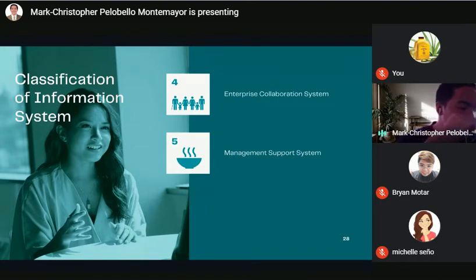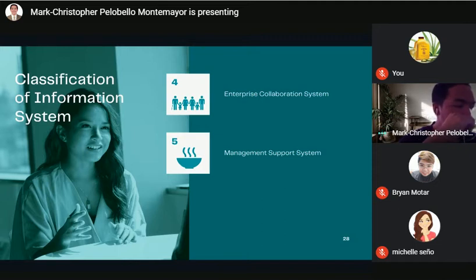Nandun na po, the word itself, yung collaboration, there is a stress on team effort or collaboration across different functional teams. How do we do that? By improving communication and sharing of data among all these different functional teams.